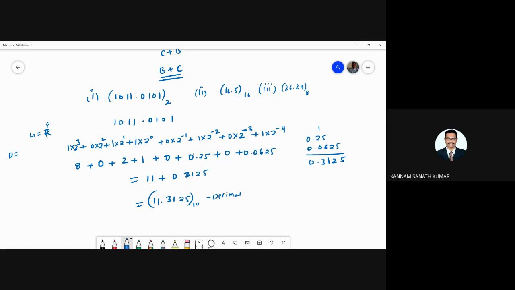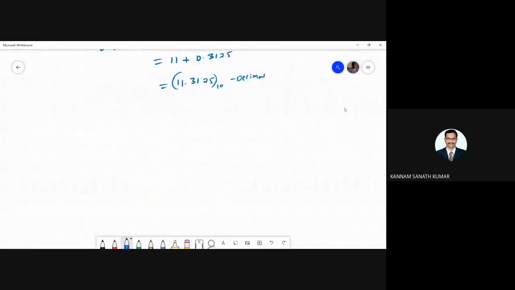Now the second one, 16.5 to the base 16. You need to convert it into decimal, to the base 10. So 6 into 16 power 0 plus 1 into 16 power 1 plus 5 into 16 power minus 1.